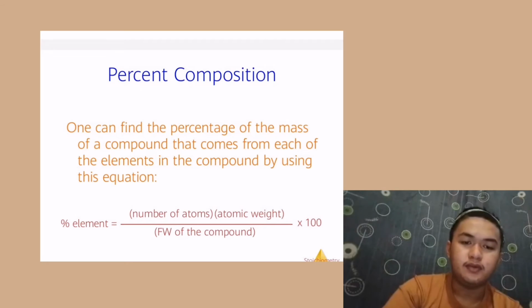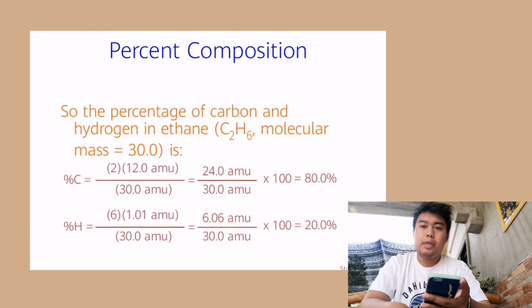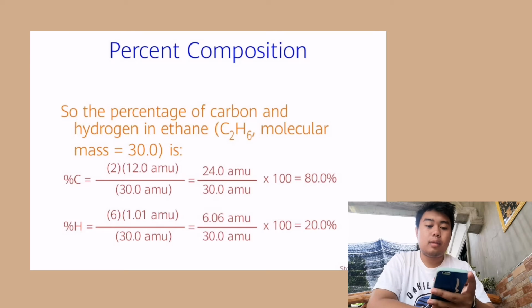Percent composition. One can find the percent of the mass of a compound that comes from each of the elements in the compound by using the equation: number of atoms times atomic weight of the element divided by the molecular weight of the compound, times 100.